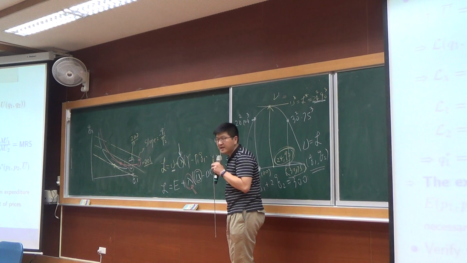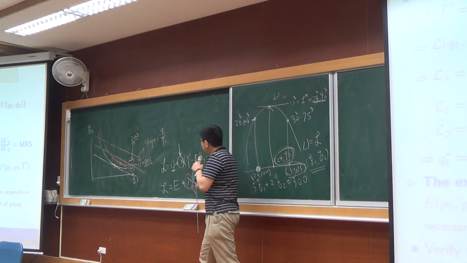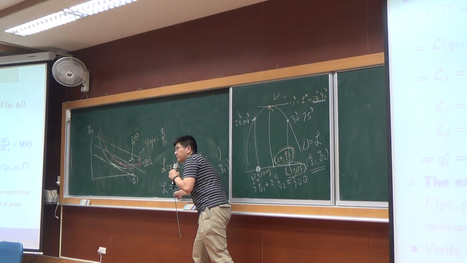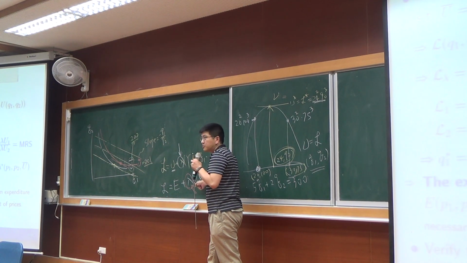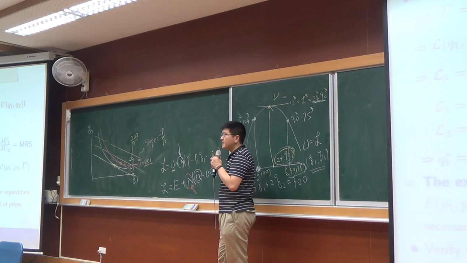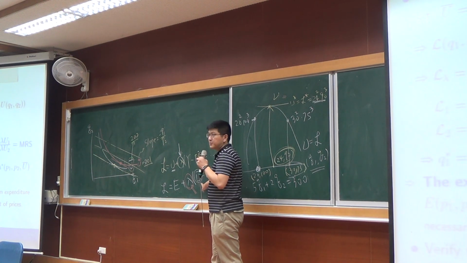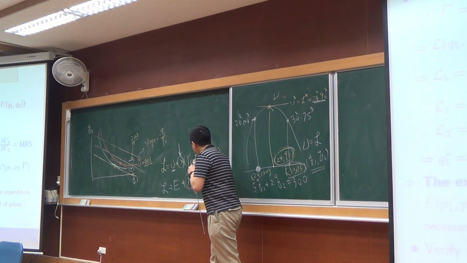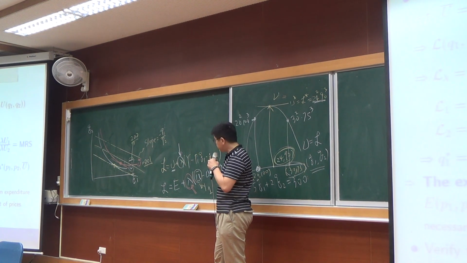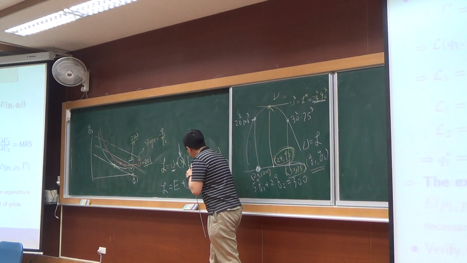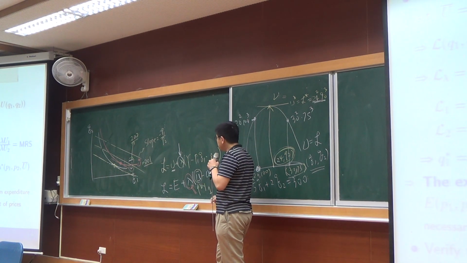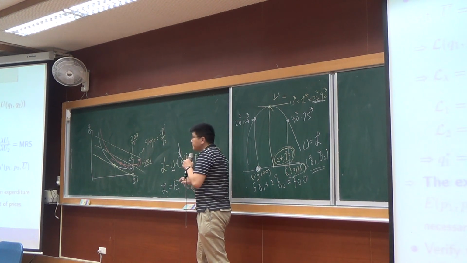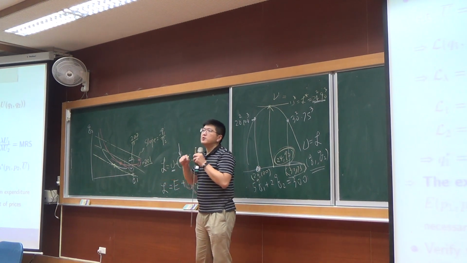Therefore, lambda represents the marginal expenditure we got to pay because of this further requirement. So if you raise your requirement by one unit of utility, so you raise U bar by one utility level, then lambda would be the marginal expenditure we got to pay.